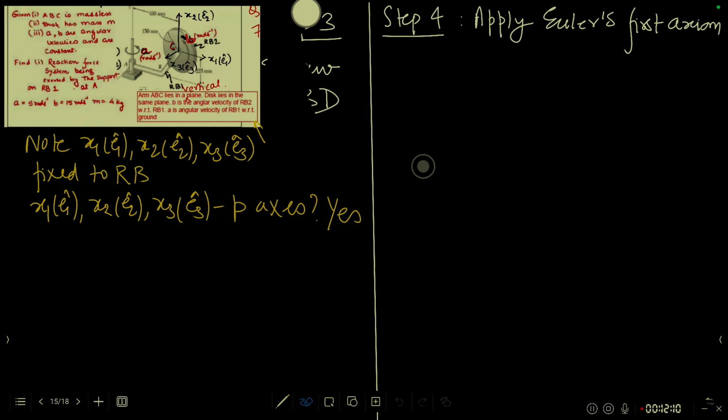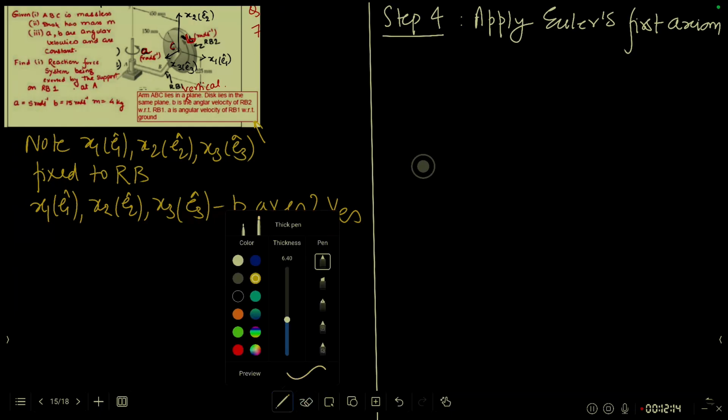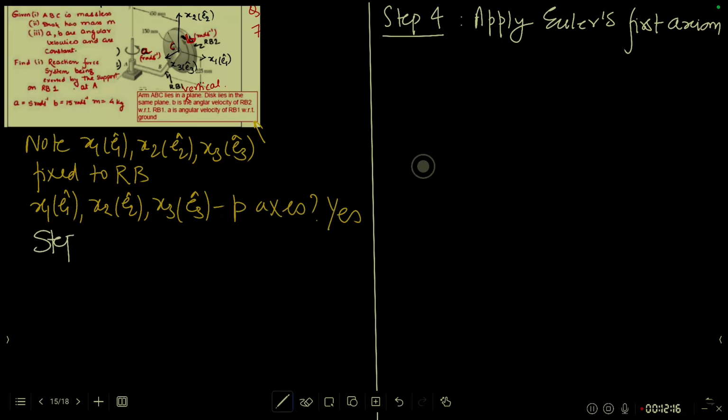Draw a free body diagram. Free body diagram of what? Free body diagram of the disk RB2. That's my system.